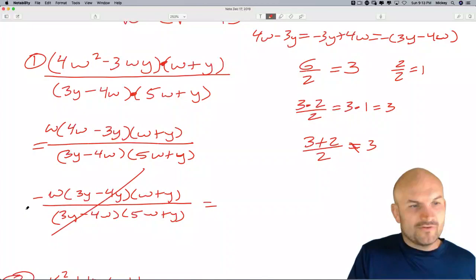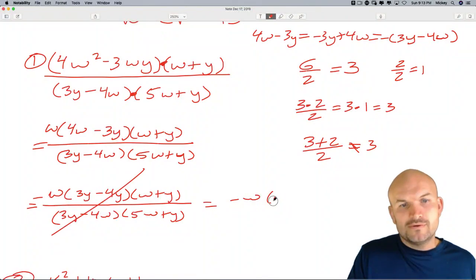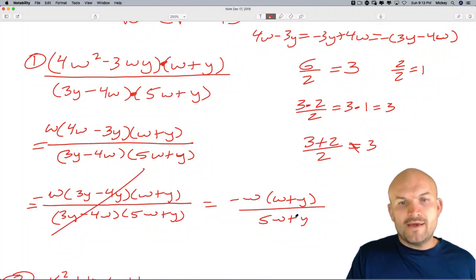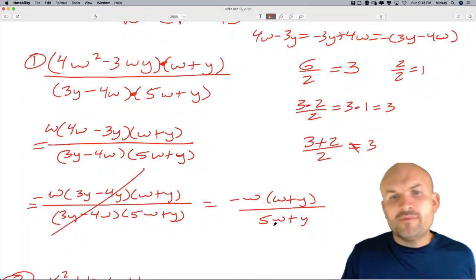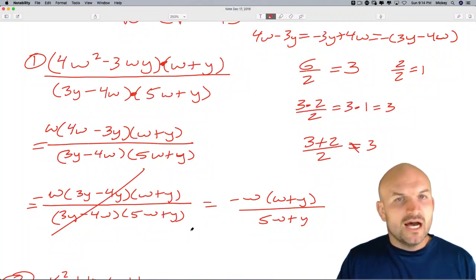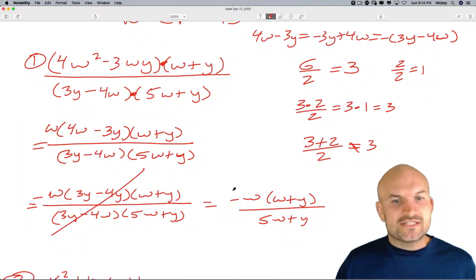I'll write negative w times w plus y, all over 5w plus y. Then you could distribute that through and go from there. Hopefully that was a helpful explanation. It is a tricky one, because most people are not going to think that's what they want to do.